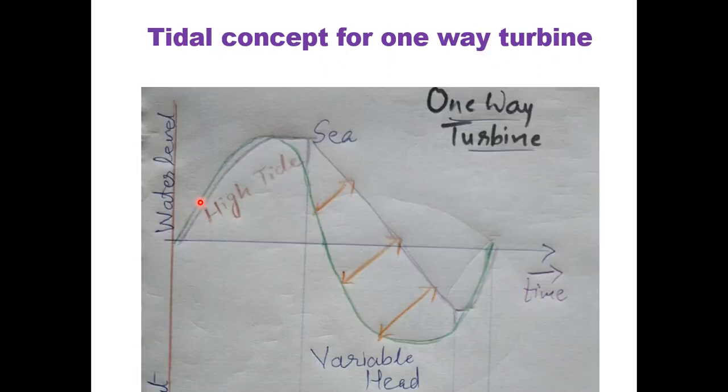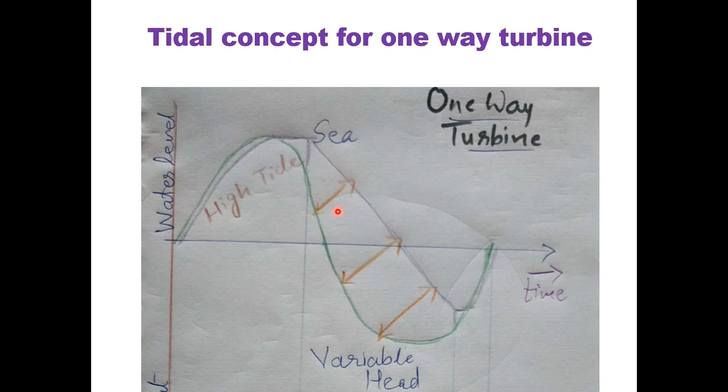Now if we generate power in one way, how can we develop this water level? The power output depends upon at what point we are getting the high head, because to generate electrical energy we need the head difference to be incorporated.